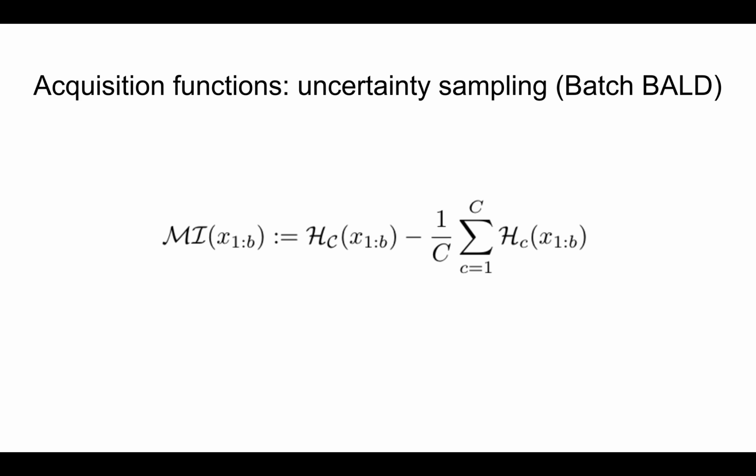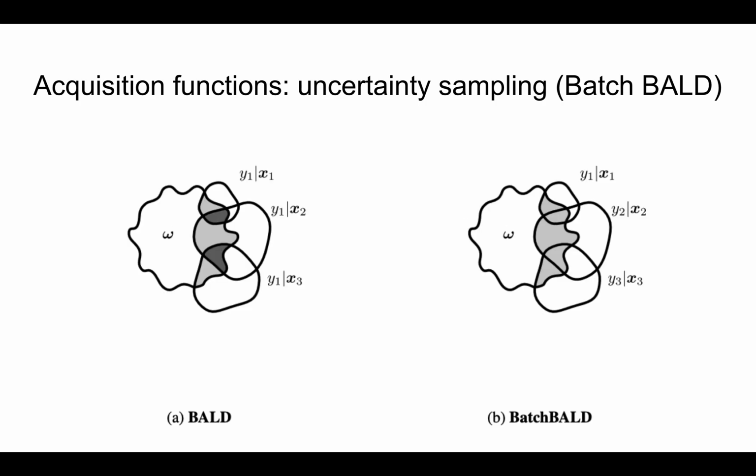Intuitively, the mutual information between two random variables can be seen as the intersection of their information content. Let's have a look. BALD overestimates the joint mutual information. However, BatchBALD takes the overlap between variables into account and will strive to acquire better cover of the model parameters. Areas contributing to the respective score are shown in gray, and areas that are double counted in dark gray.